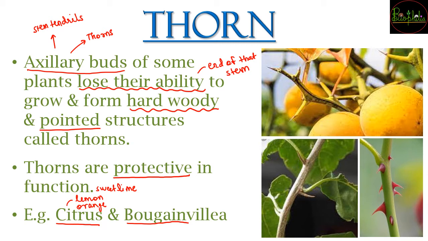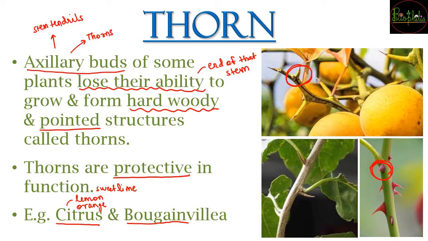So here in the first photograph you can see the thorns in citrus, and over here the red ones you can see, these are the thorns of bougainvillea. So bougainvillea plants you can generally find anywhere on the roadside, as well as plant them at your homes. So you can see those thorns of bougainvillea very easily.